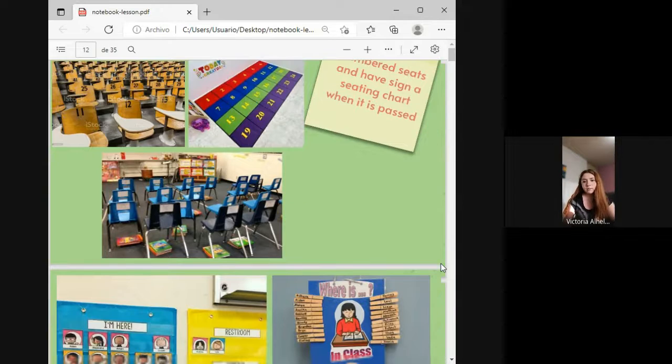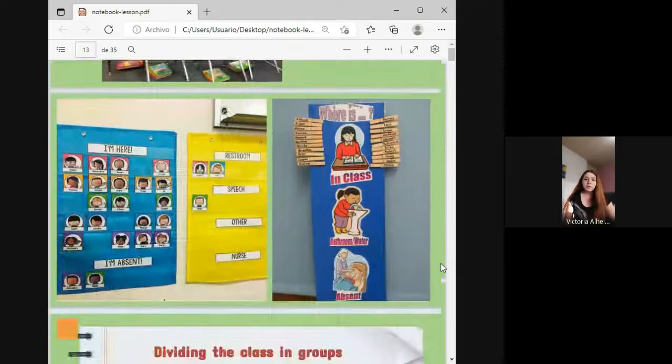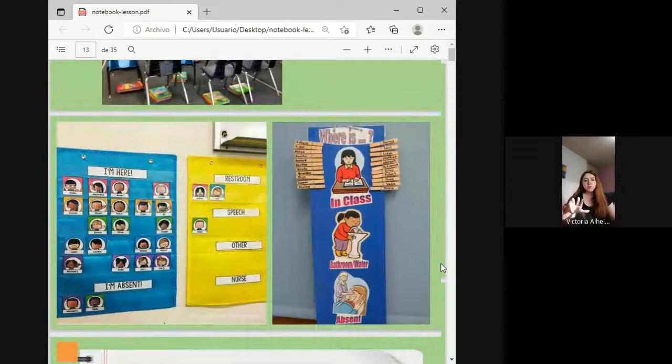The other strategy is to make little pictures of your students and put them on the board, maybe, or on a wall, and one is going to be absent and the other one is going to be in here. If the student is in the restroom, or in another situation, or if they need to go to the nurse, you can move that picture of your student, and your student is going to be responsible for keeping the attendance, okay?